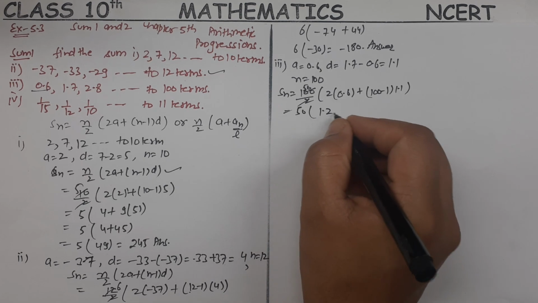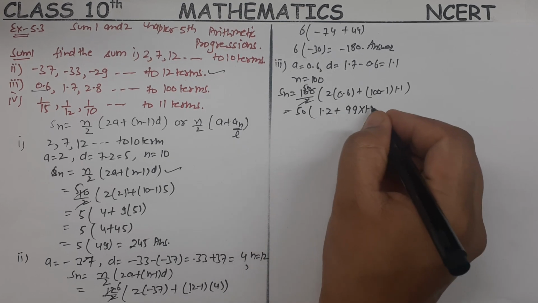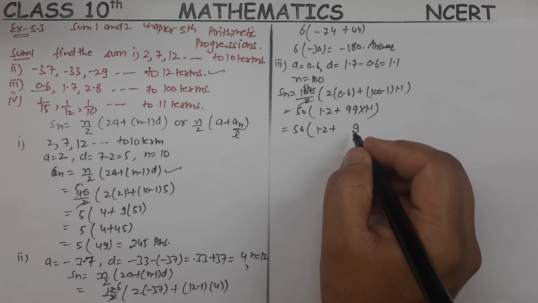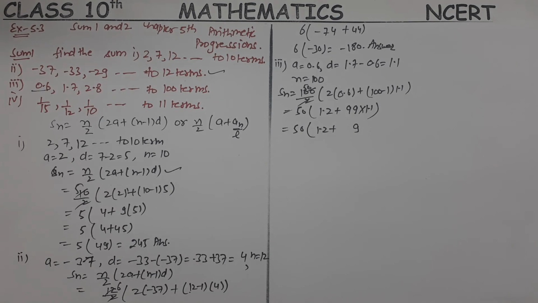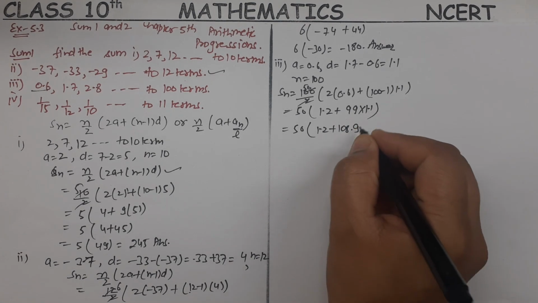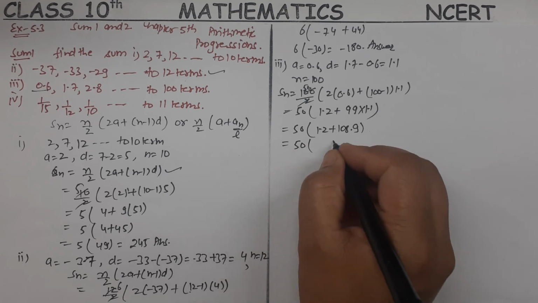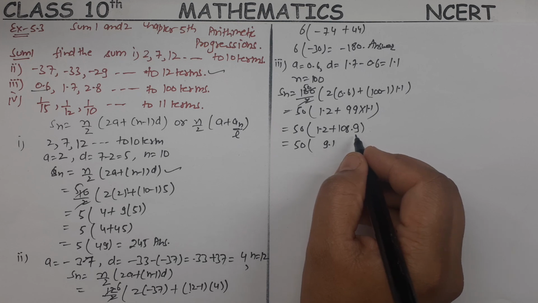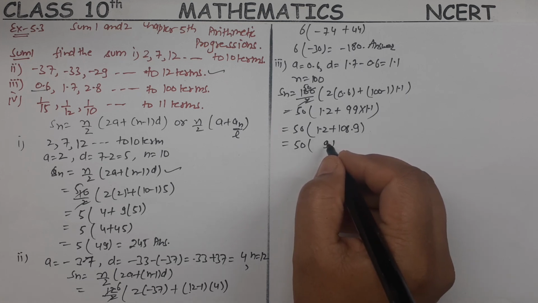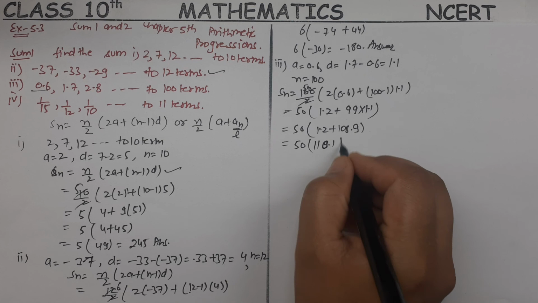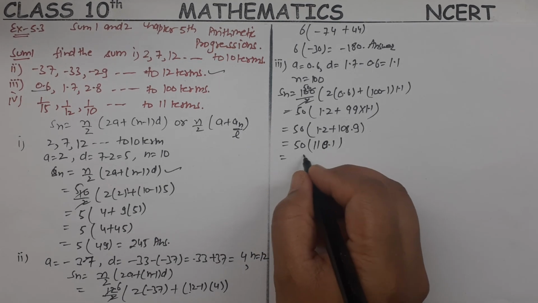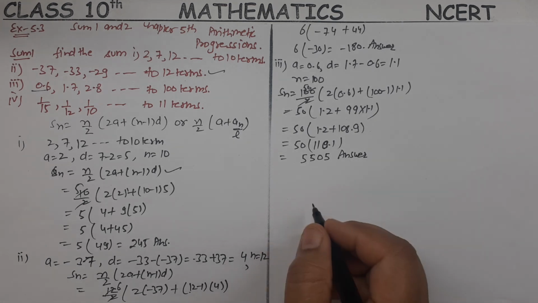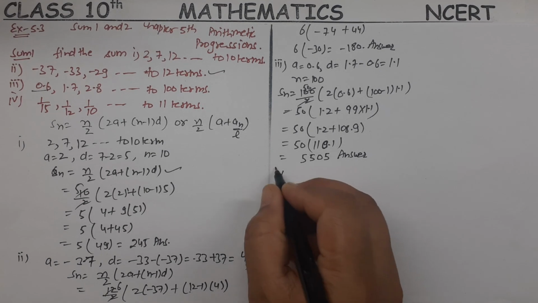Now solving. Adding. After multiplication we have 5505 as the answer.